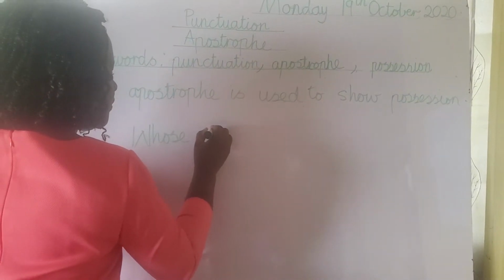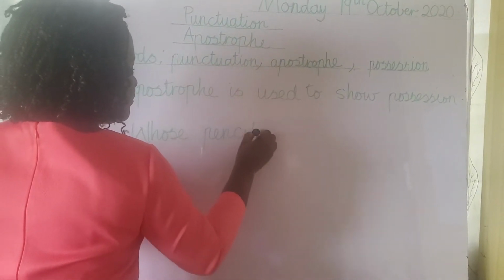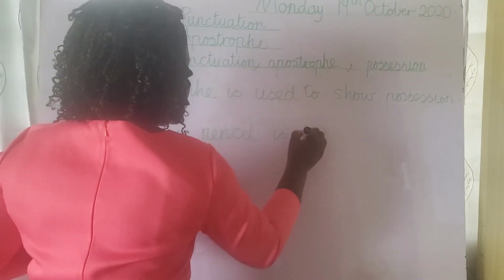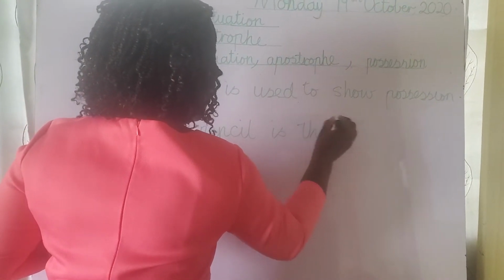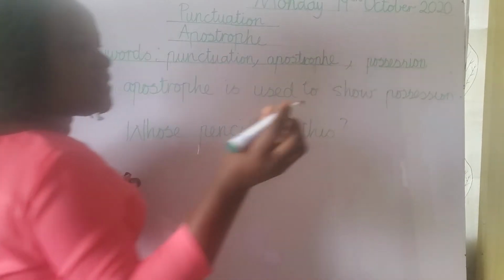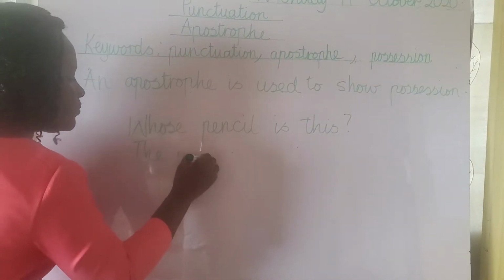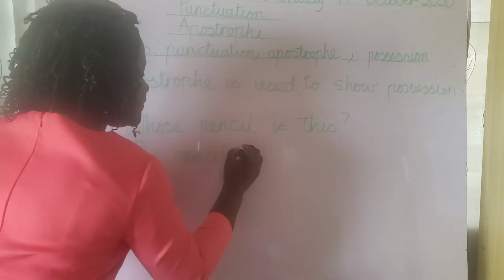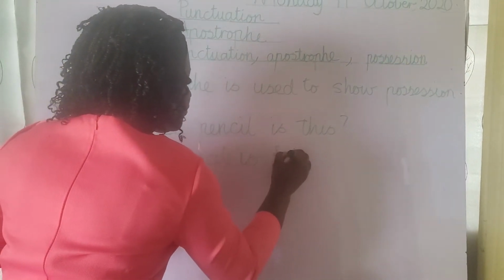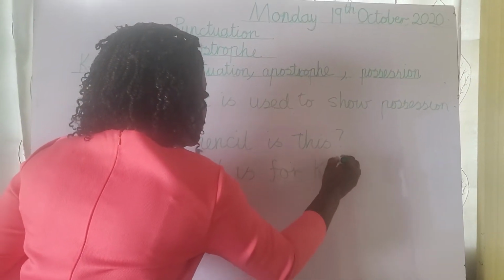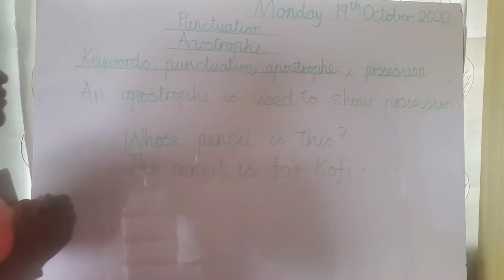Whose pencil is this? Let's say the pencil is for Kofi. Okay, so the pencil is for Kofi. If I ask you, whose pencil is this?